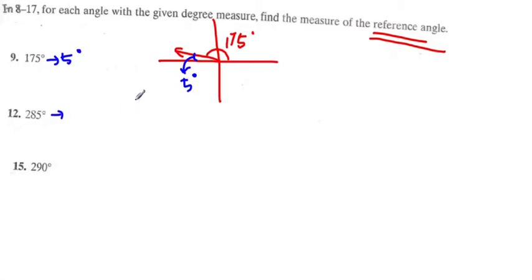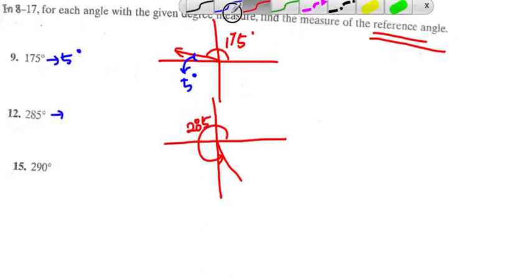How about 285? Once you look into the simple sketch of x-axis and y-axis, 285 would have been going a bit more than 270. So let us say it's going to be somewhere around here. This will be 285. Then, how do you find the reference angle?